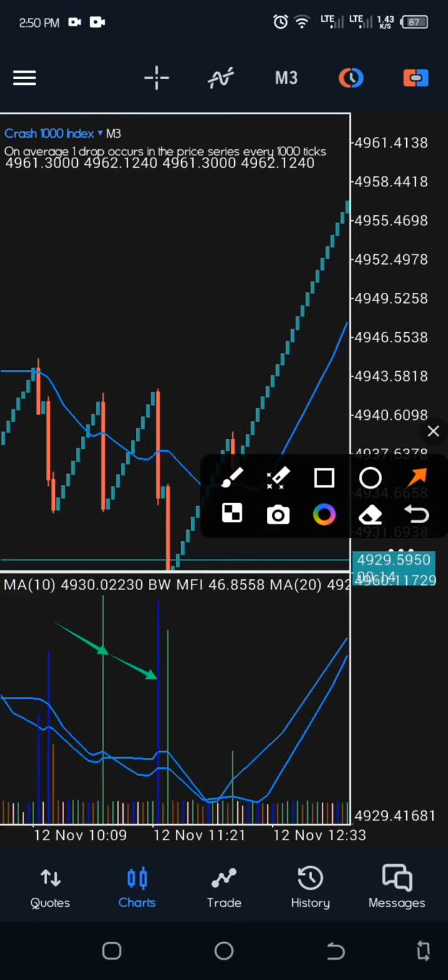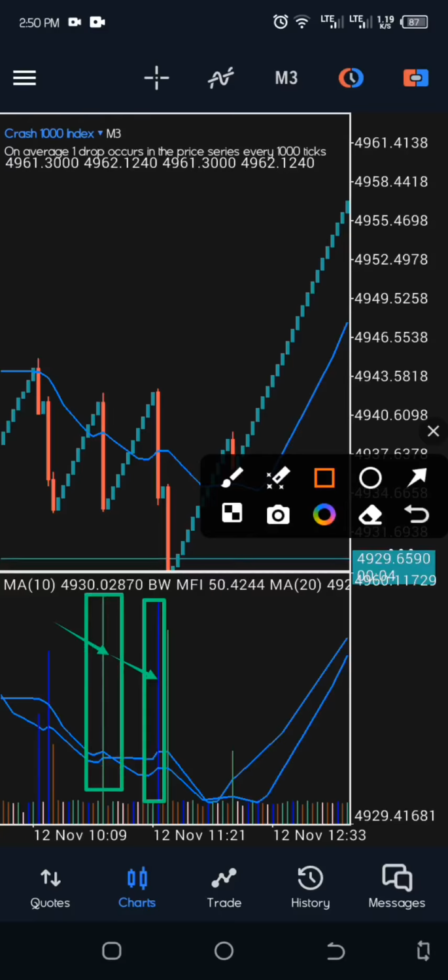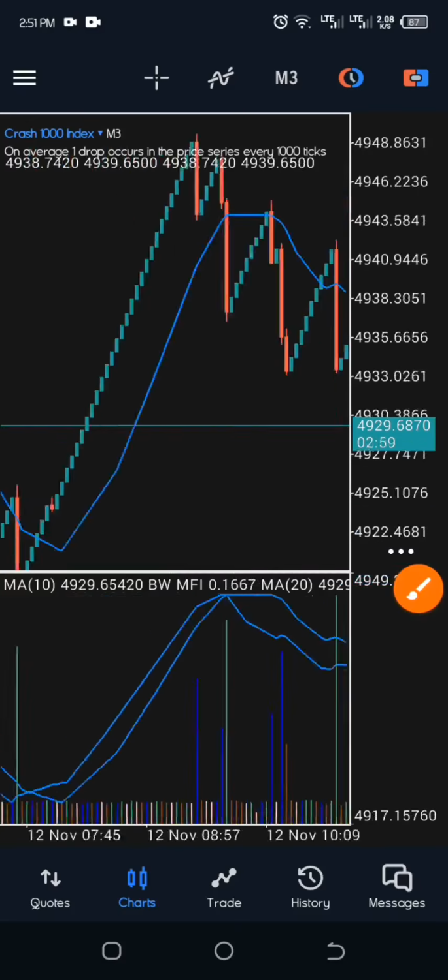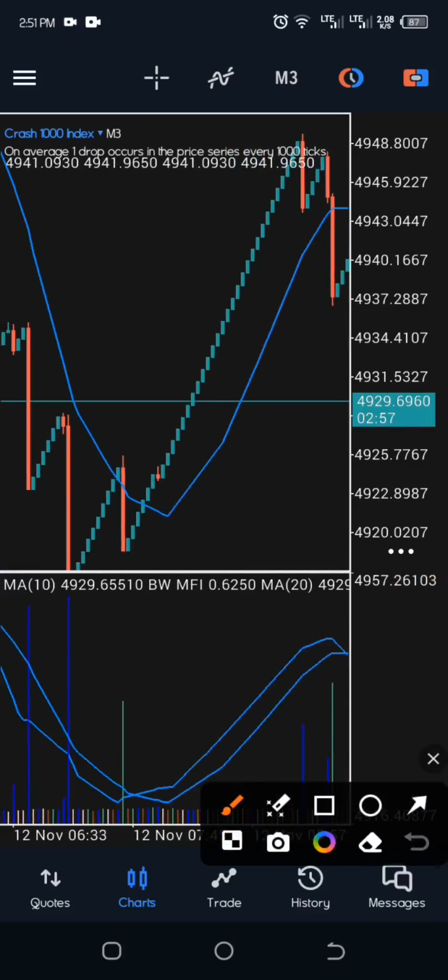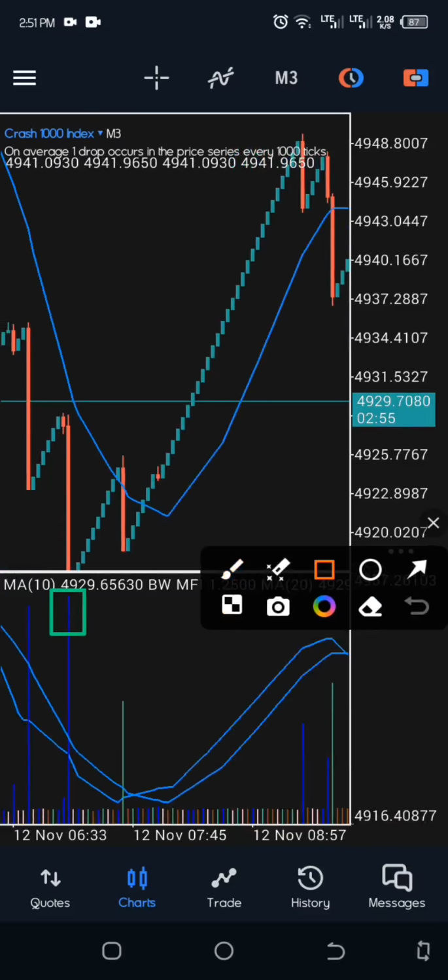Now this blue line is what we are going to be working on. This is what is going to be giving us a trade. This red line is what gives us a spike trade, but this blue line right here is what's going to give us a scalping trade, which means that we are only going to be working on the blue line, which is this line right here.